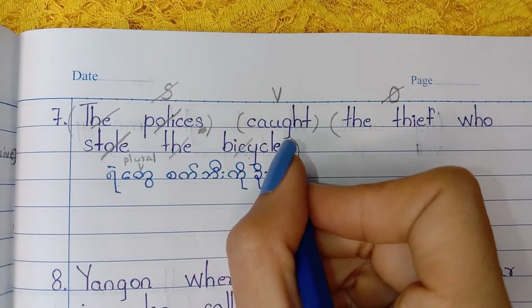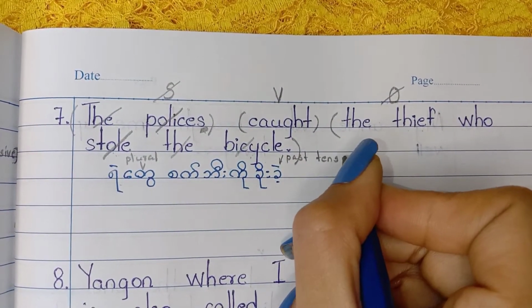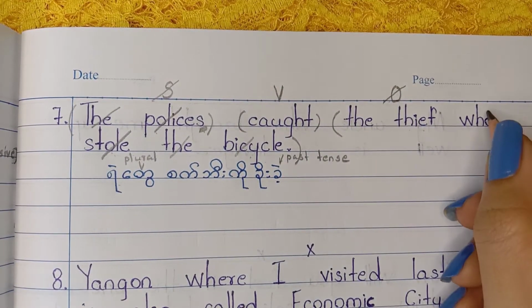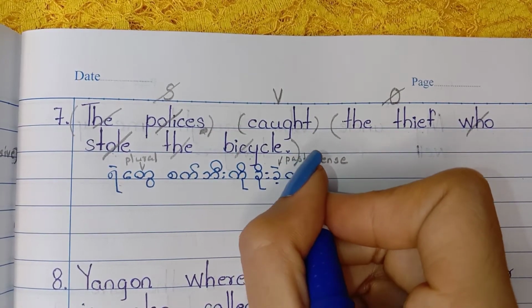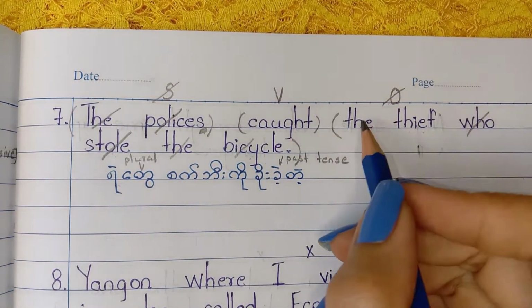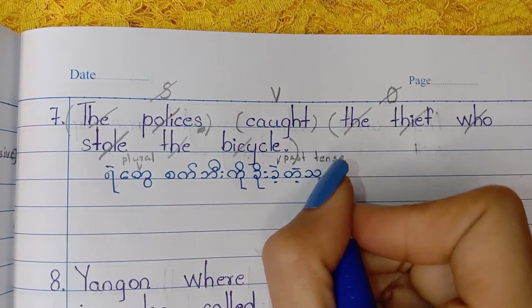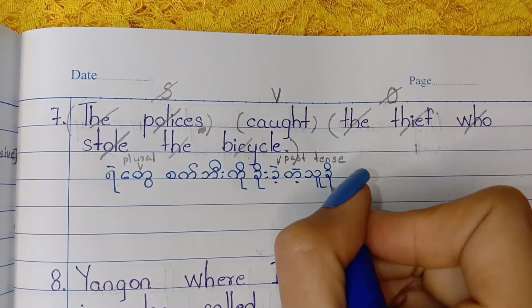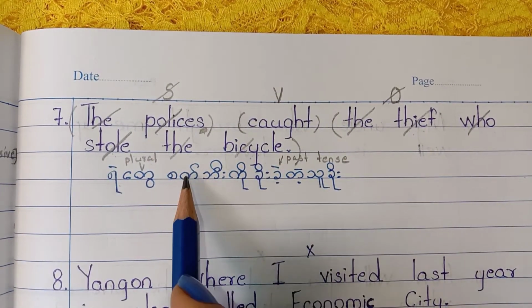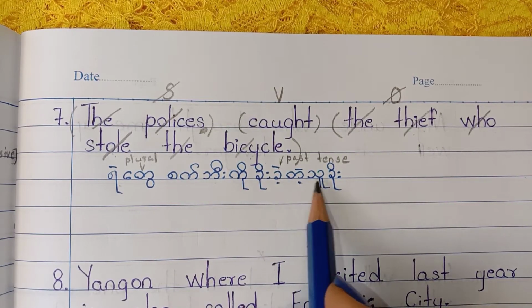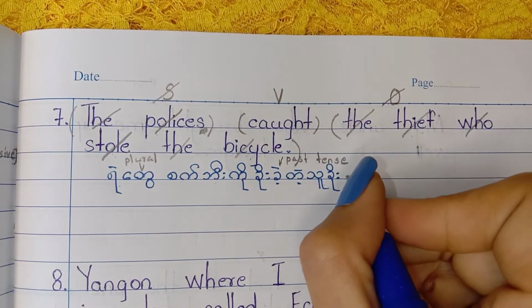K is for the past tense. And then who did. The thief, the co. The thief who stole the bicycle, 사뱅고 코케됐다고. That is the object. That's why the object marker go.